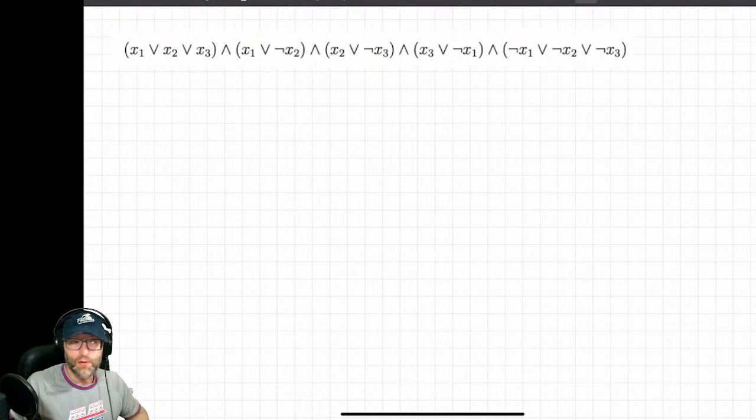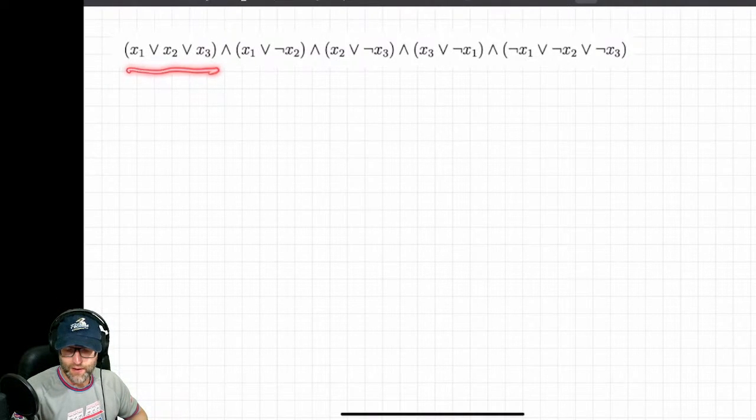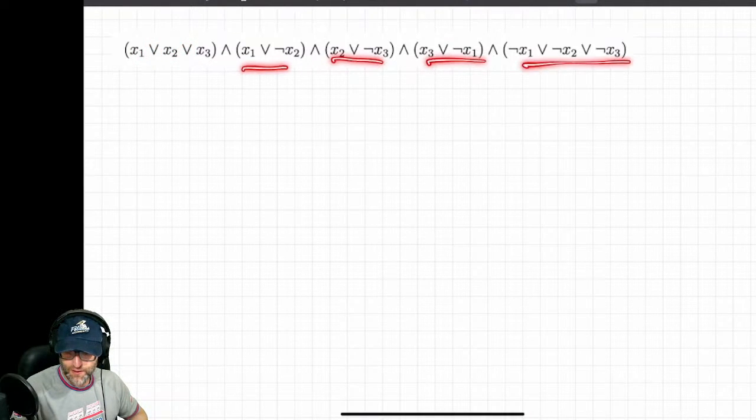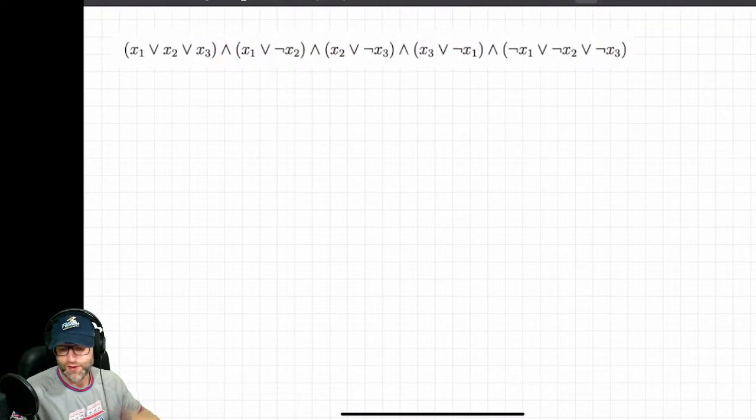Here's an example. This is a predicate. Each one of these things, in case you're not familiar with the terminology, is called a clause, because it only has or statements here. That's another clause, that's another clause. And then each one of them is connected by a logical and. Of course, it could be more complicated than this, but this is clause normal form.